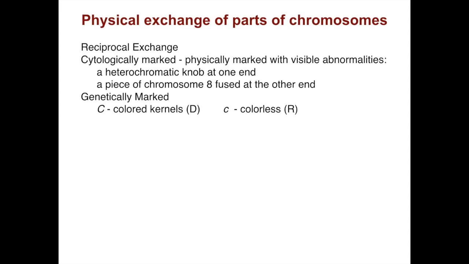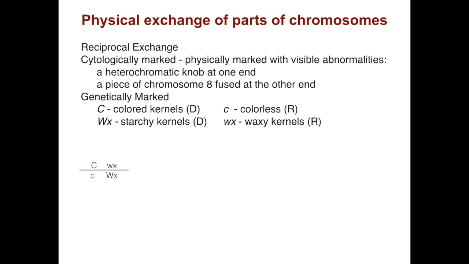You had a dominant allele for colored kernels in the corn, and you also had a recessive allele for colorless corn kernels, and you had also a dominant allele for starchy kernels and a recessive allele for waxy kernels.